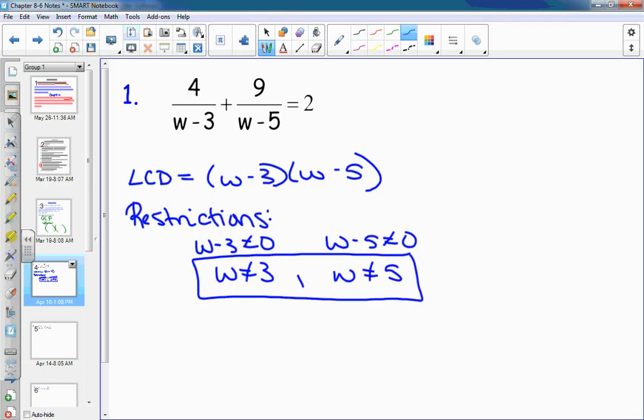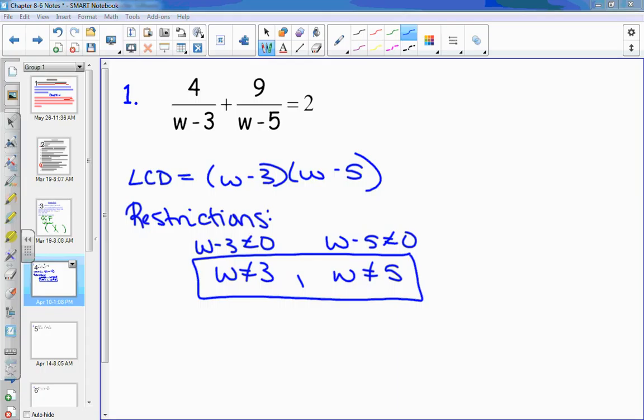Whenever I solve this problem at the very end, if I get either one of those two answers, what do I have to do with that answer that I got? I have to throw that specific answer out. If I have to throw out both of these, then that means that I have no solution.